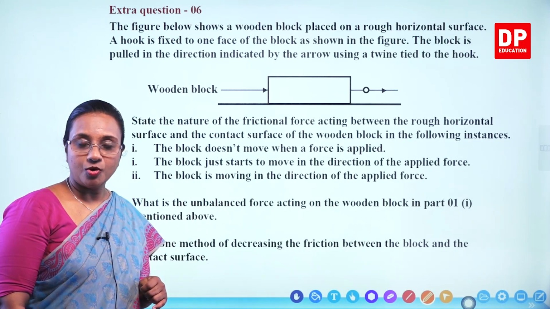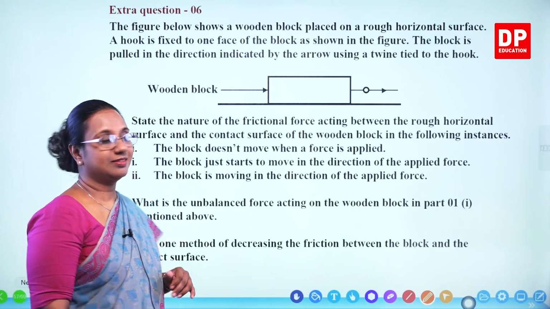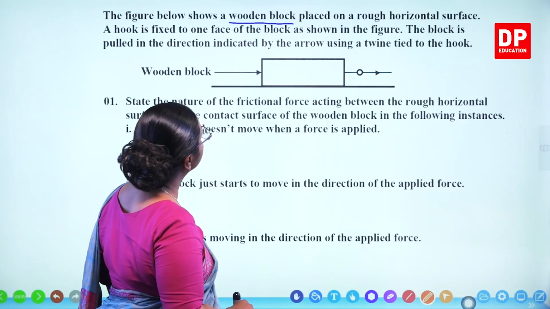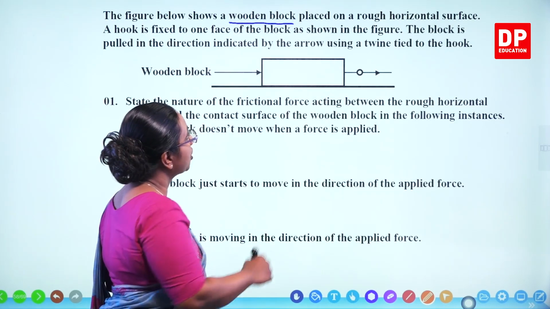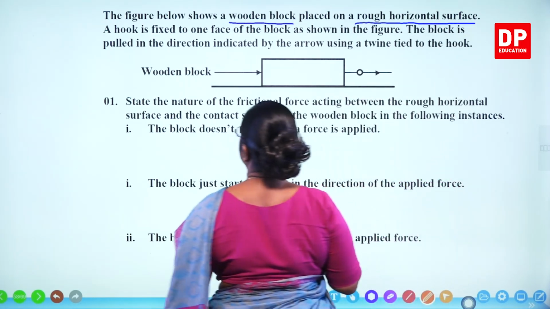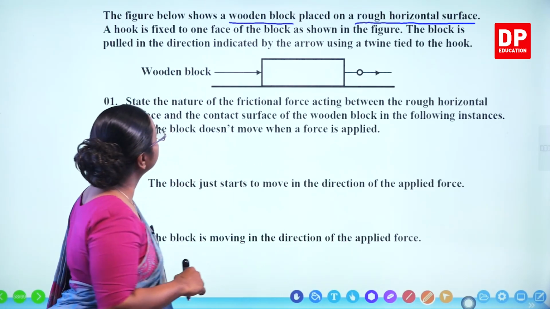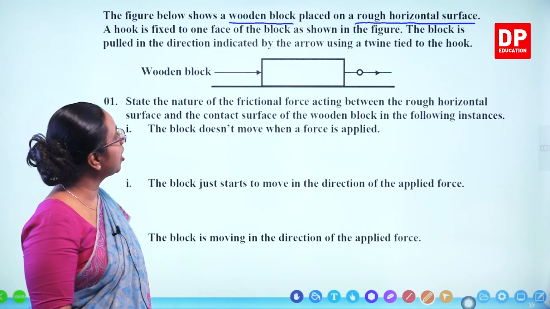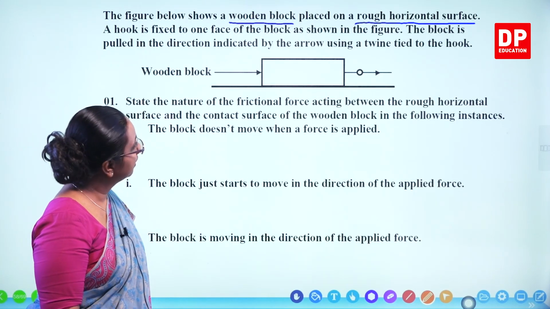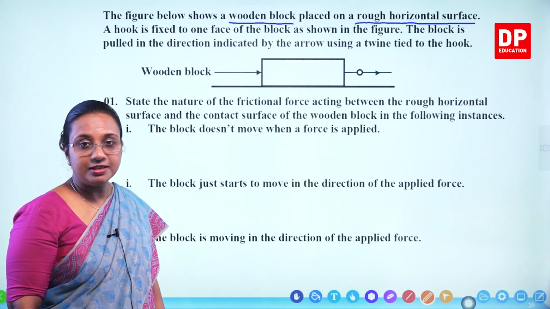Now let me move on to the first question. Here you can see it is a wooden block. So the figure below shows a wooden block placed on a rough horizontal surface. A hook is fixed to one face of the block as shown in the figure that we already discussed with the question.